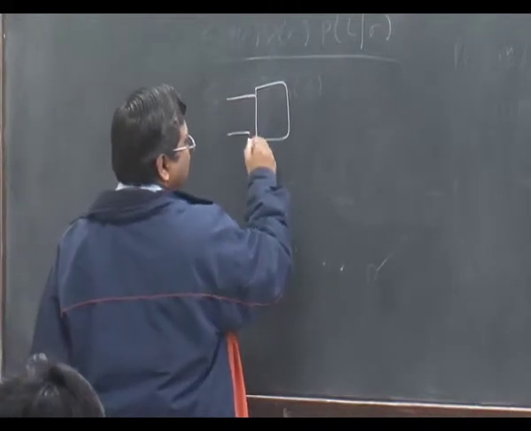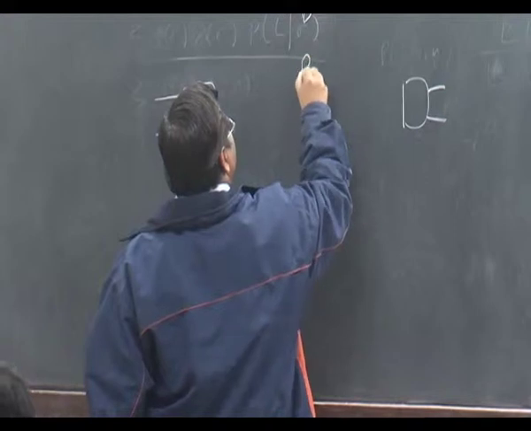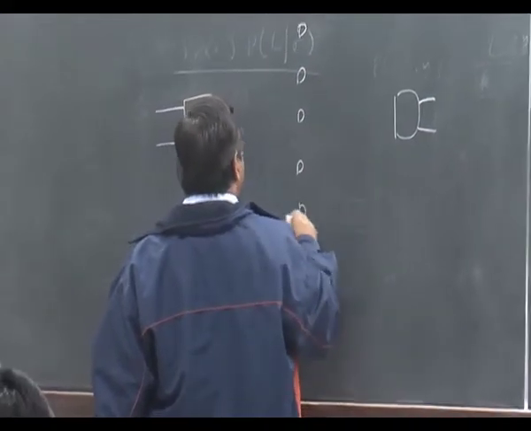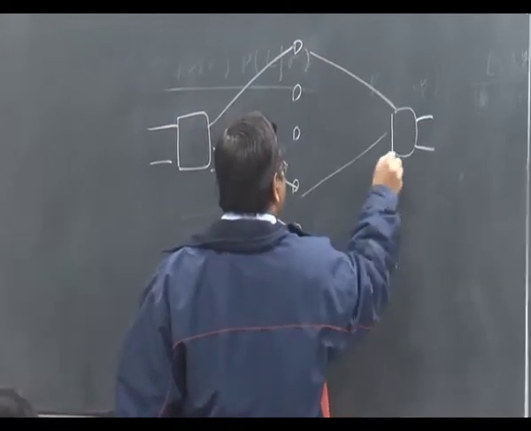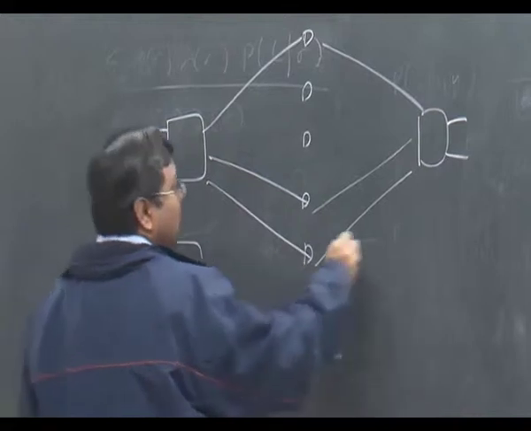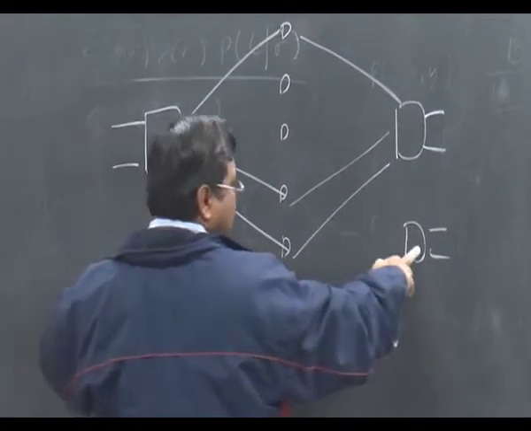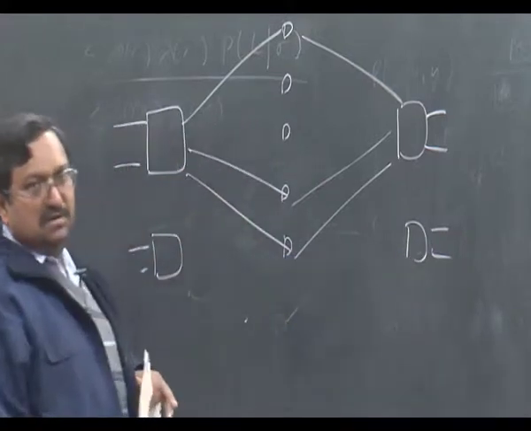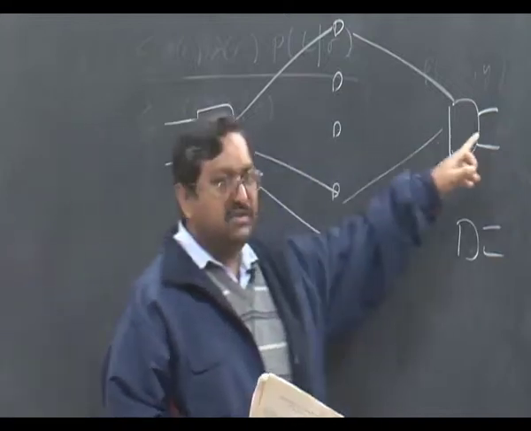So you will have 3-stage switches, and I have a lot of middle stage ones. The important thing is that if I take any other input and output pair of switches, the path between these switches is not blocked by the paths which are connected between these two switches.